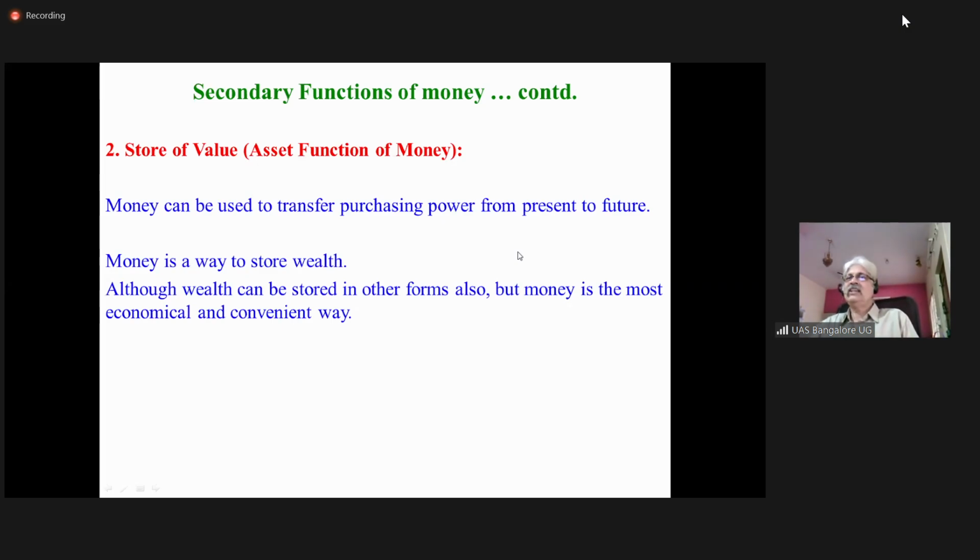It is very easy to store the value in terms of money because you can store lakhs of rupees worth, crores of rupees worth in terms of money. Money is easily portable. Portable means you can transfer, you can carry. So you want to go to, say, Mumbai, you can take money with you.